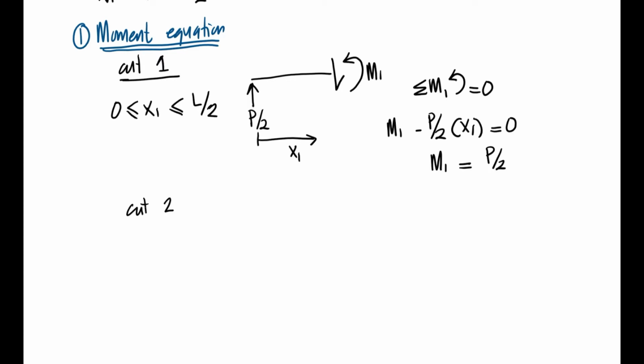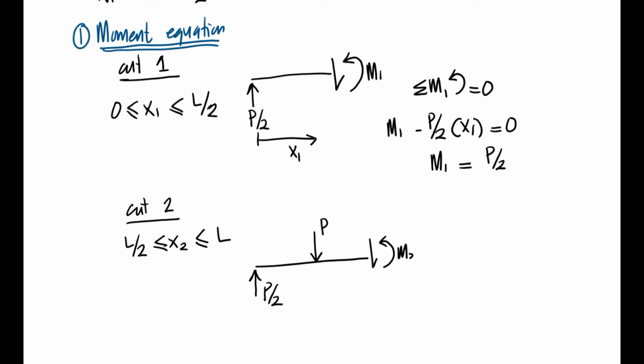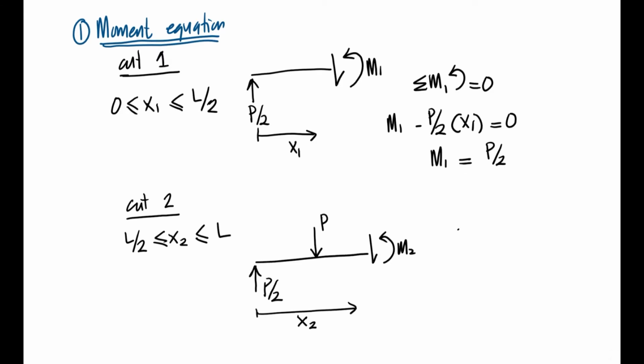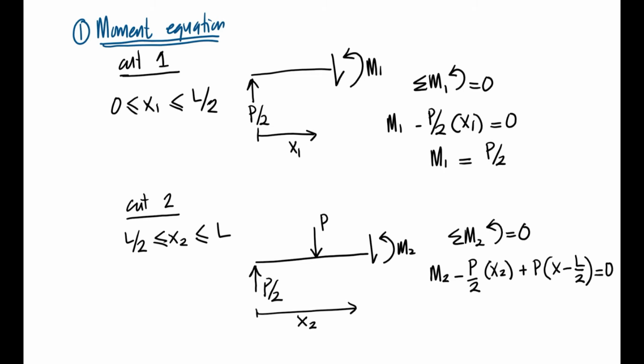Okay, the next one, we cut section 2. So cut number 2 is from L over 2 to x2 to L. So you will have P over 2 and then the point load P and moment M2, with distance x2. Therefore, M2 minus P over 2 times x2, plus P times (x2 minus L over 2) is equal to 0.